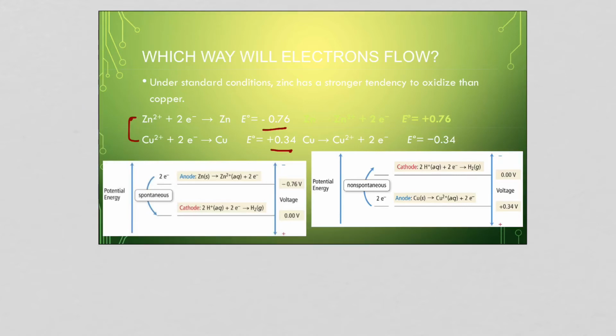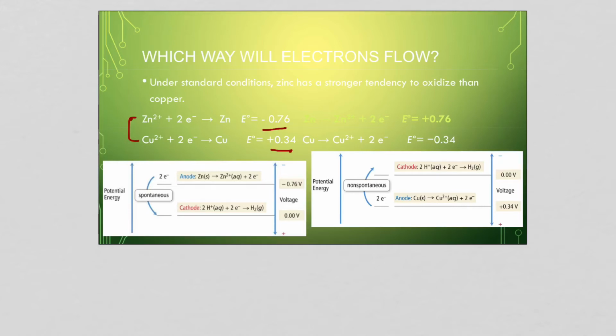So when we think about the cell and put this together, we have a zinc that has a high tendency not to undergo reduction, but would like to undergo oxidation. So remember, it's going to be lower in our chart. If we think about positive numbers at the top and negative numbers at the bottom, electrons are going to flow from the more negative potential to the more positive potential.